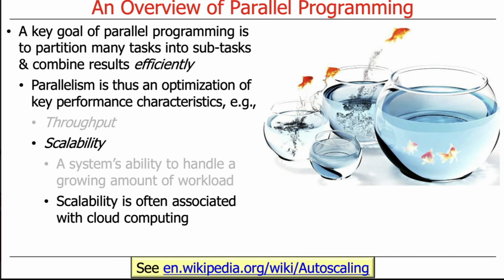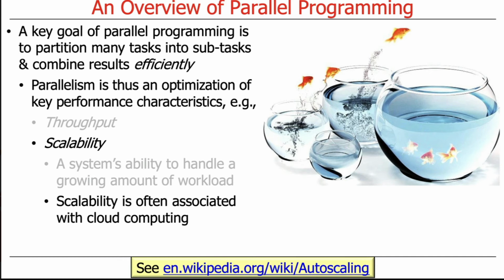Let's say you're doing an ad campaign and you expect lots of people to come, or maybe you're YouTube and you have a viral video that everybody wants to watch. You want to be able to allocate more cores automatically to scale the solution to higher and higher levels of capacity and processing.